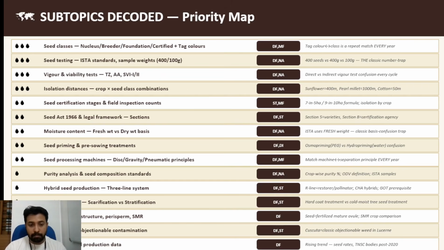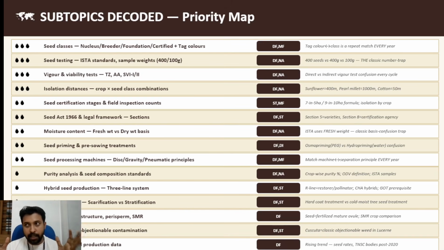The old 1966 Seed Act is going to be changed. So the government has published a draft to take suggestions from all the stakeholders, from universities and everyone. That process is in progress, so that is an area of focus nowadays, for the past 6 months or so.